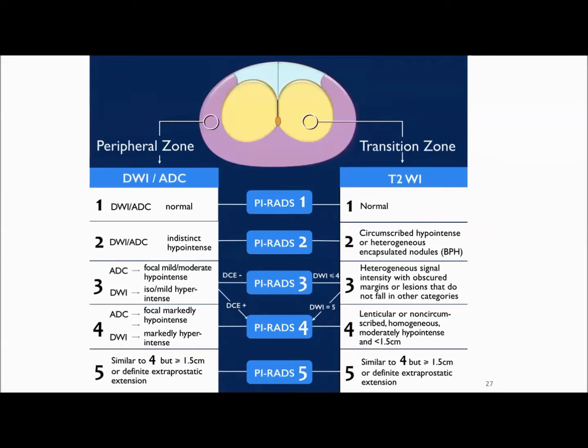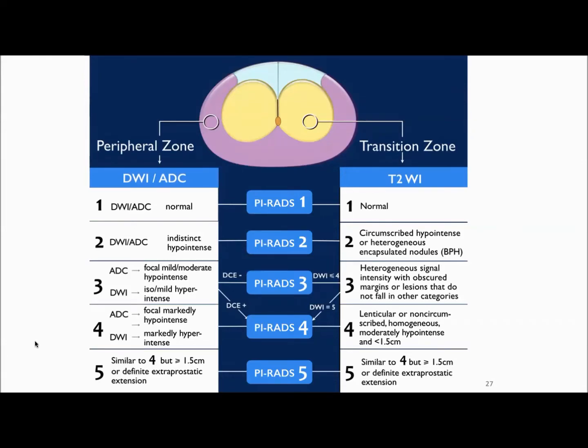So just to simplify PI-RADS, as Dr. Hamad and Dr. Shayan have already described the peripheral zones and the transitional zones, the application of PI-RADS in transition zone and peripheral zone slightly differs. Let me brief you about the peripheral zone PI-RADS application first, and then I will talk about the transitional zone.